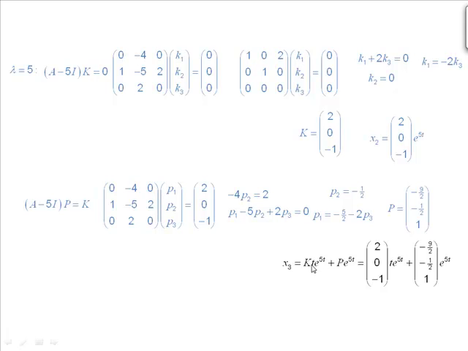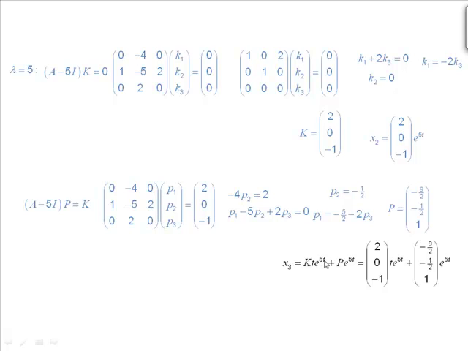That you just multiply by t and then t squared and so forth for multiplicities. But here we've got a combination of the e to the 5t and t e to the 5t, giving you one solution.